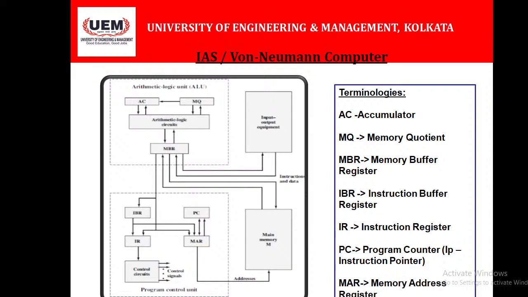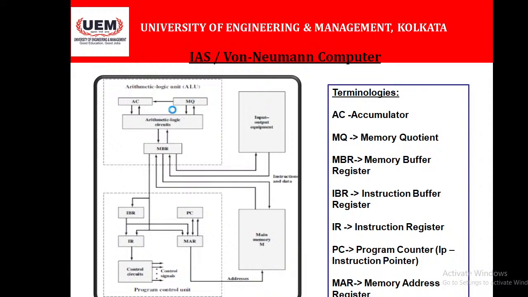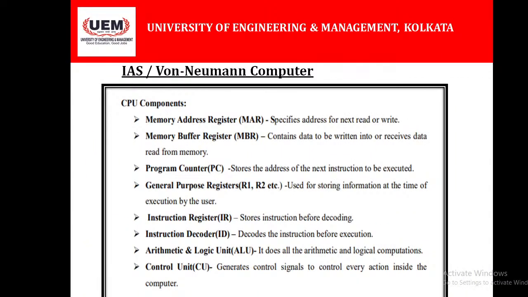If it is a register-based instruction, like add r1 comma r2, we are not using any memory here. We are only doing the addition using the CPU registers residing here. So this is the structure of the Von-Neumann architecture, and these are the operations of various registers and buffers that we can see here.